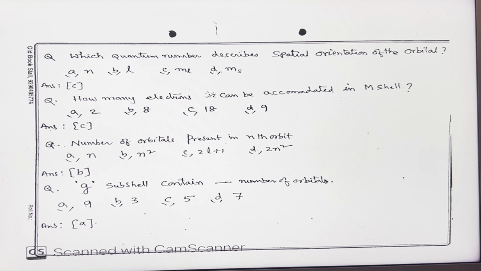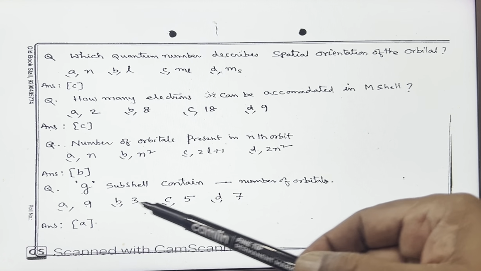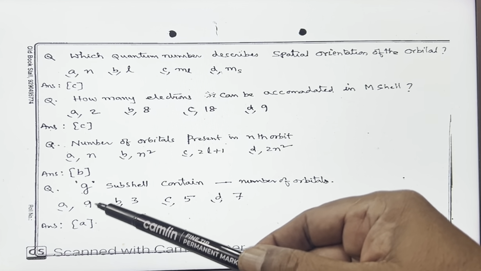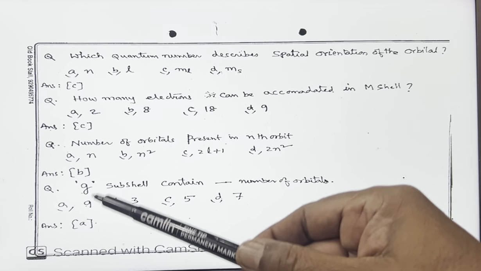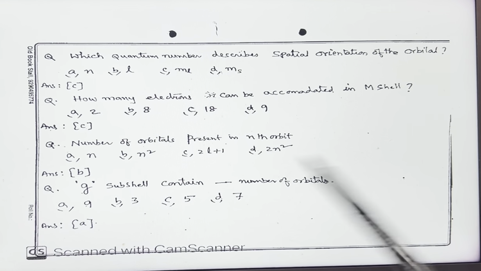L is 4: minus 4, minus 3, minus 2, minus 1, 0, 1, 2, 3, 4. So, total 2L plus 1 values, which means 9 values: 2 into 4 is 8, 8 plus 1, 9. So, if a G subshell is there, it will have 9 orbitals.